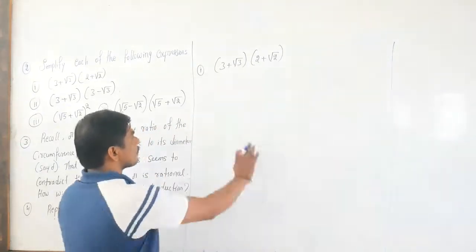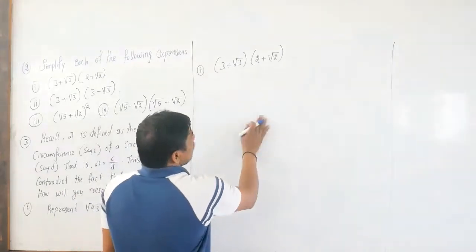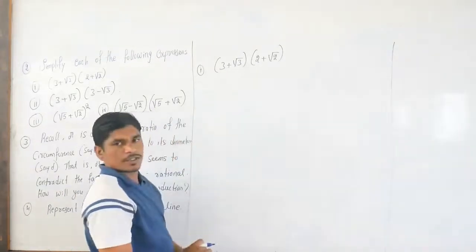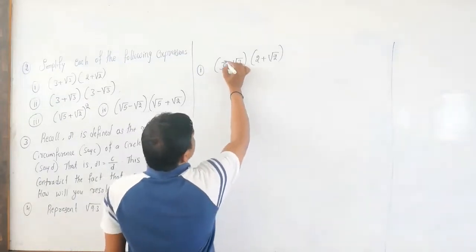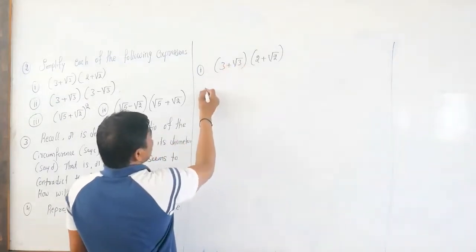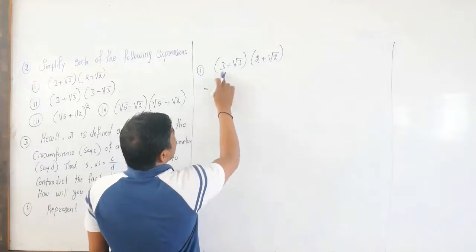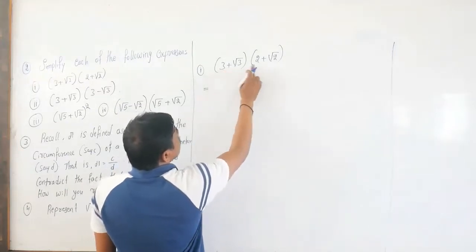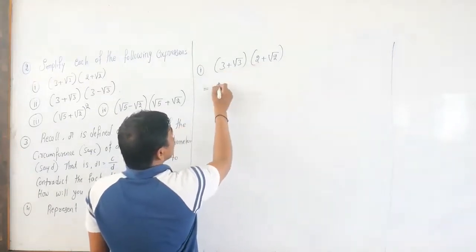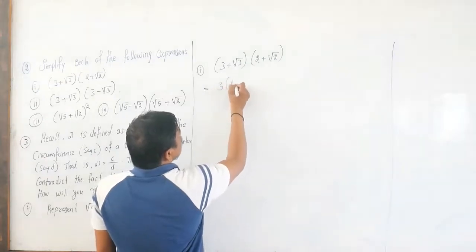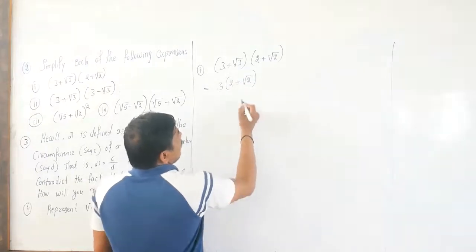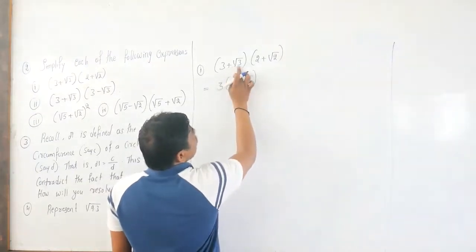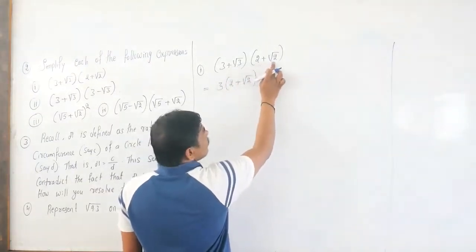Now this is very simple. By using the multiplication procedure, you have to multiply directly or you take one more step. Now the first one, 3, is multiplicative to both the numbers. That's why 3 into 2 plus root 2, and plus root 3 is also multiplicative to both the numbers.